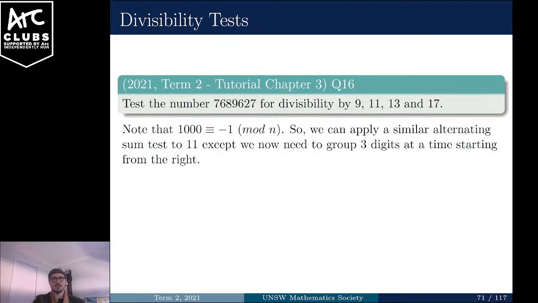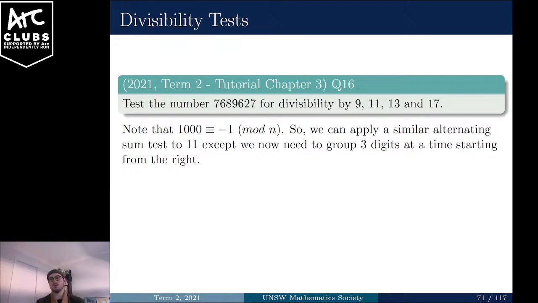Cool. So the test for 13 that is developed in this answer is going to require a bit of guess and check for a second, but then we can figure out that 1001 is congruent to -1 mod n. Right? We can use this. So it says here, we can apply a similar alternating sum test to 11, except now we need to group 3 digits at a time, starting from the right.